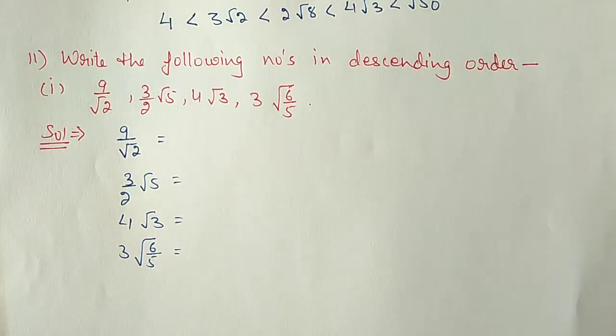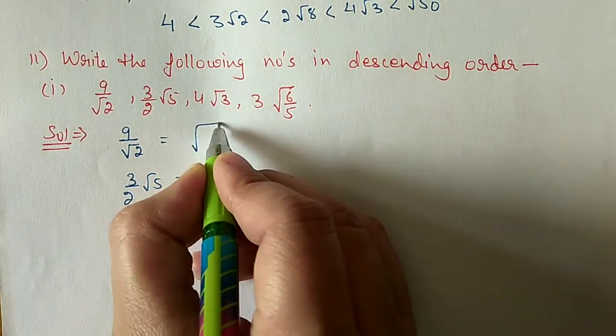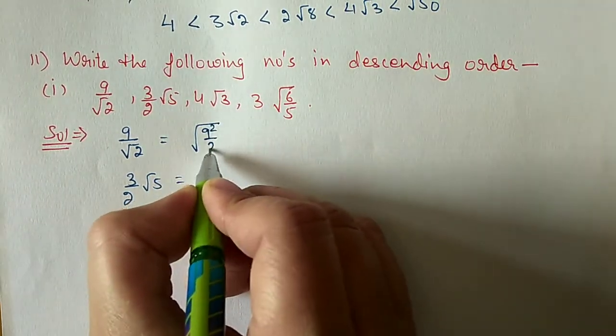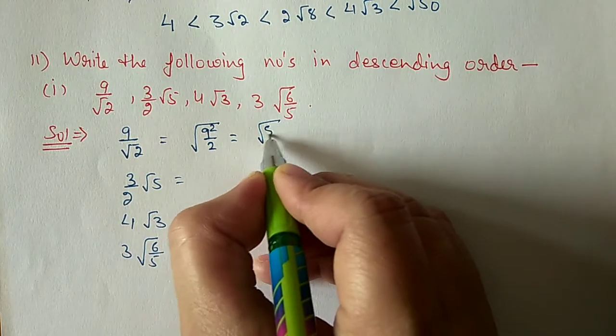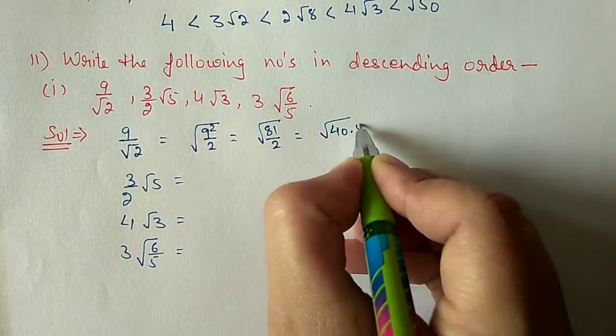Next, 11th question: write the following numbers in descending order, means from big to small we have to write. The first part is given: 9 by root 2, 3 by 2 root 5, 4 root 3 and 3 root 6 by 5. So first all the numbers we will change into root form. This 9 by root 2, when we take 9 inside the root symbol, it will become 9 square by 2. 9 square is equal to 81 by 2, means root of 40.5.